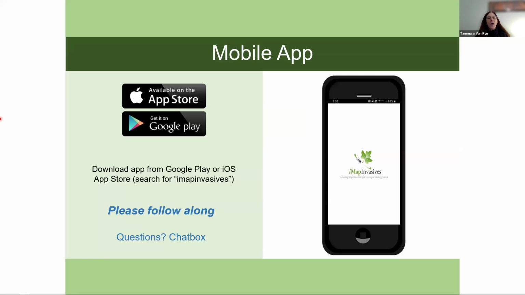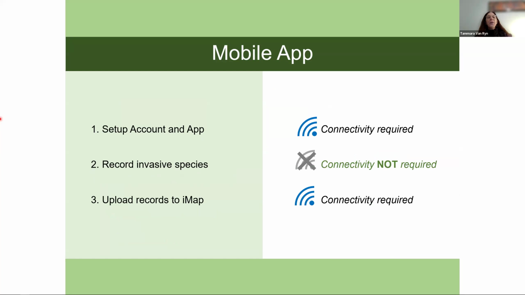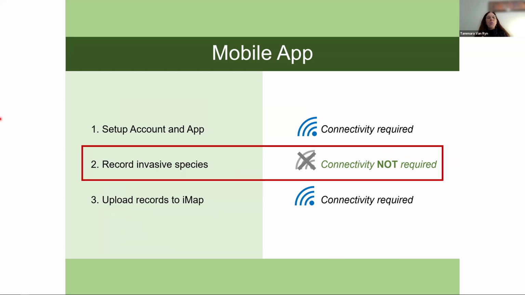The best thing to do next is set it up on your mobile app. The cool thing about the mobile app, and this is what you want to do, you want to take that out in the field with you, is that when you're actually out in the field, you don't have to have internet access.